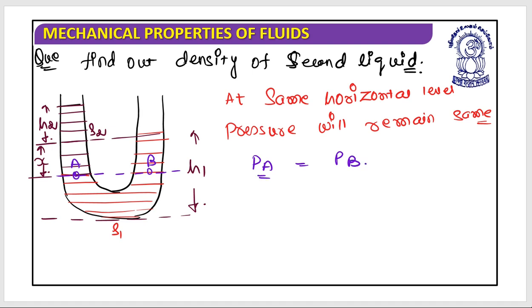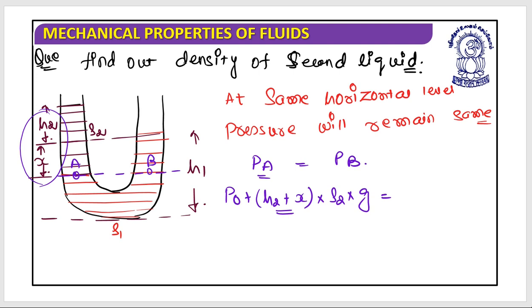Now, what is the pressure at A? It's P naught, which we call atmospheric pressure, plus the height of the liquid column above it, which is h2 plus x, multiplied by the density of the liquid, rho 2, multiplied by g.